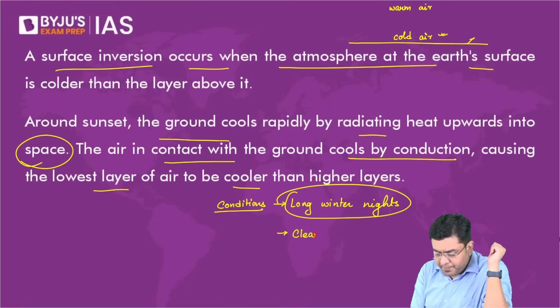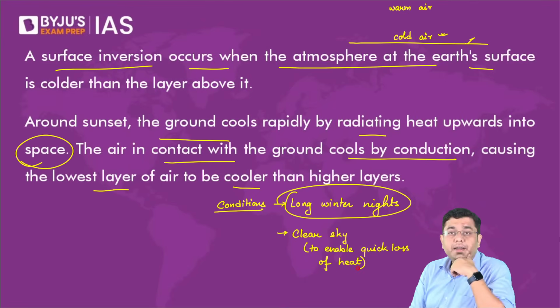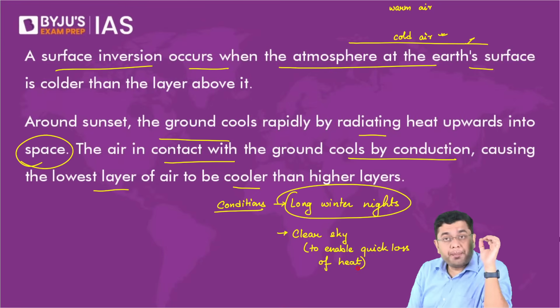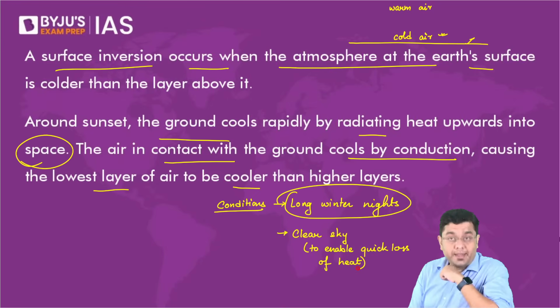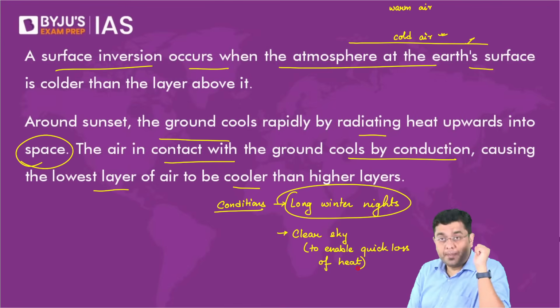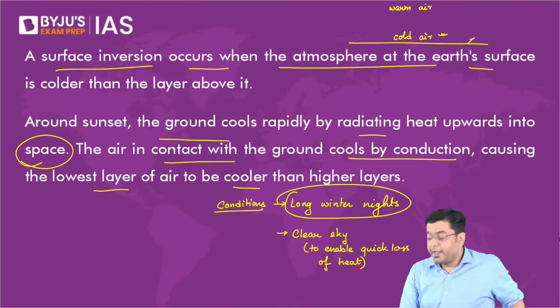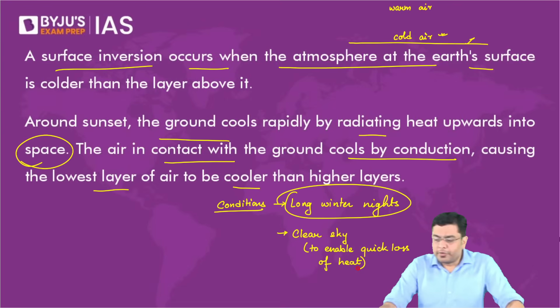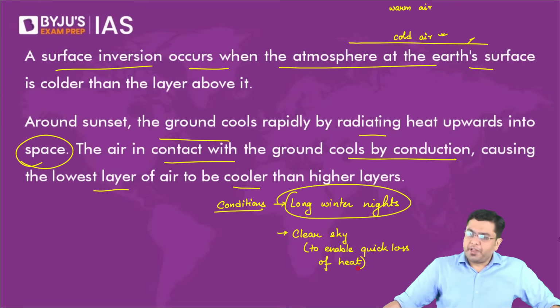Clear sky to enable quick loss of heat. Because if there is cloud cover, clouds will have water vapor. Water vapor will retain heat. It will not allow the heat to be lost. That is why in cloudy nights it is warmer. In clear sky nights, it is going to be much colder. So this is a kind of an inversion that we refer to as the surface inversion.